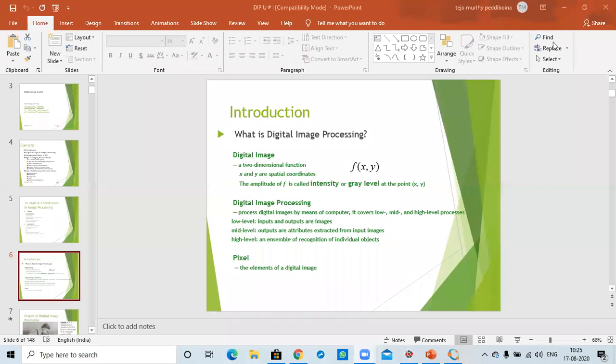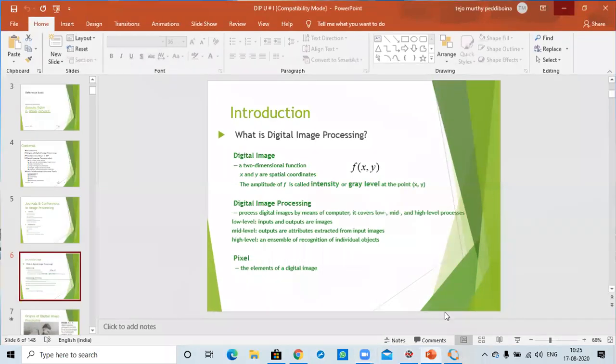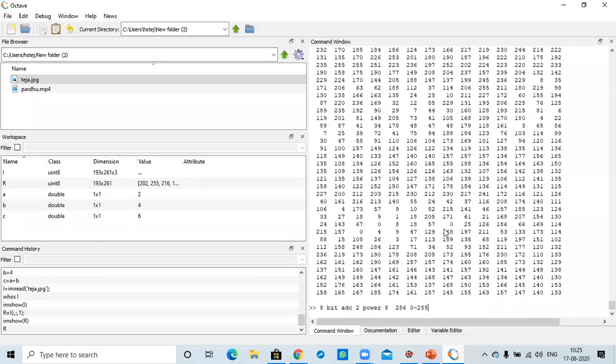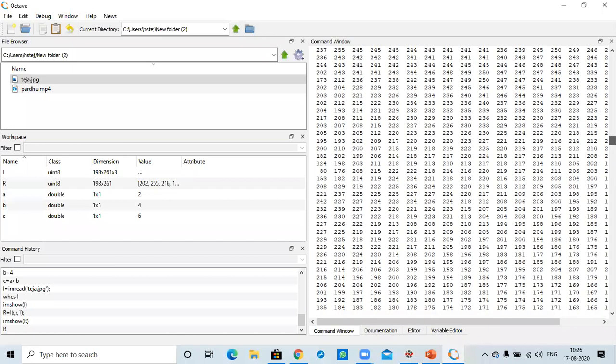It's a two-dimensional, and let me show you the pixel values. For example, one more time, let me show you the commands which I have used earlier.